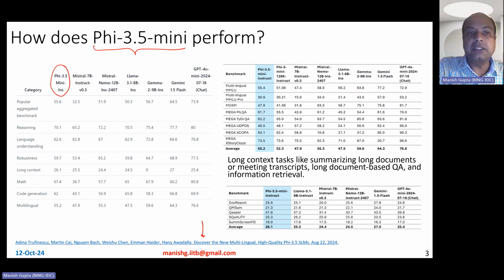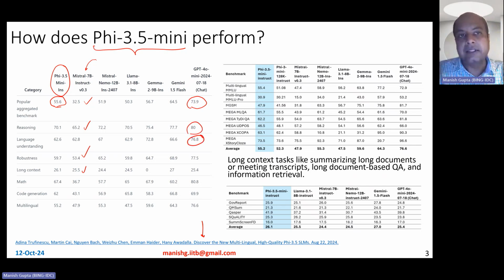What you observe is that across categories, Phi 3.5 does really well. Sometimes it even beats the 7 billion Mistral model; in fact, it beats it on many categories. Of course, it is way far away if you compare it with GPT-4o. GPT-4o is clearly way better across all of those, but GPT-4o is crazy large as well.